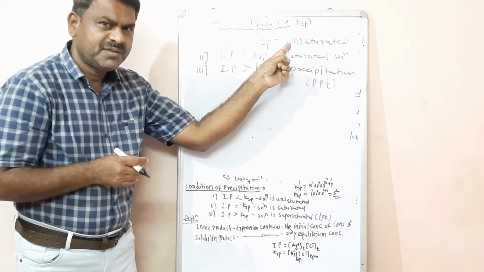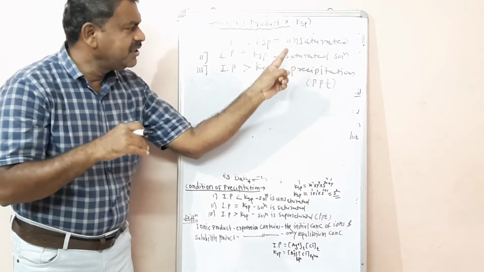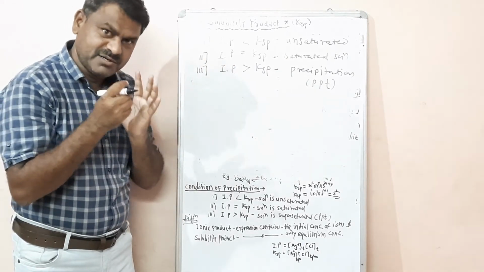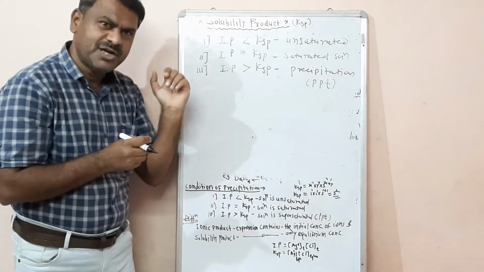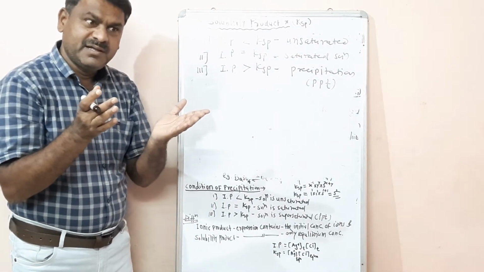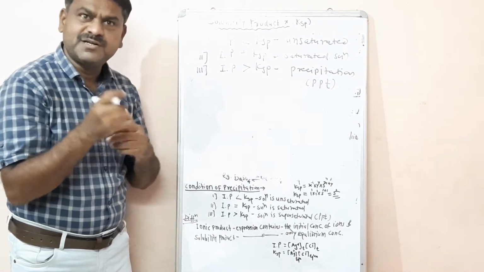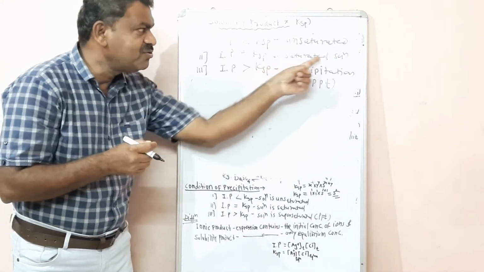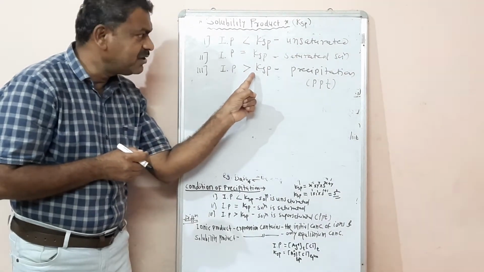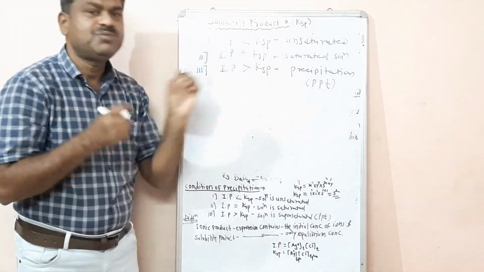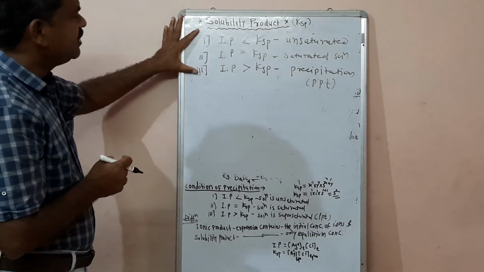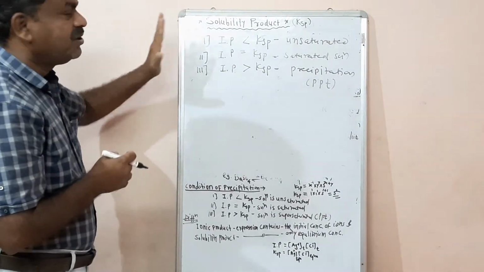Unsaturated means a clear solution. Saturated means that if you add the substance to the solution, its capacity is fulfilled, so do not add any more substance. If the ionic product is greater than the solubility product, then the precipitate will be formed.